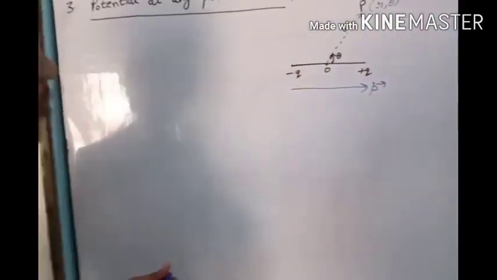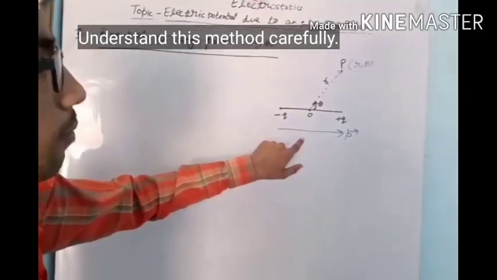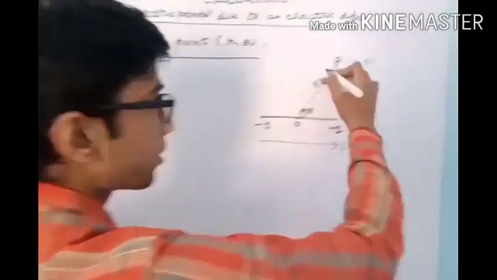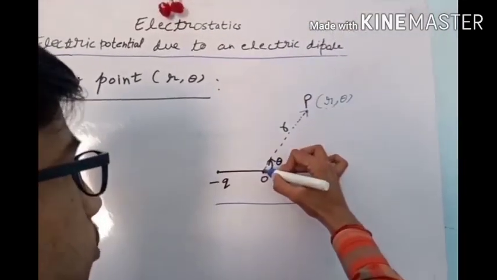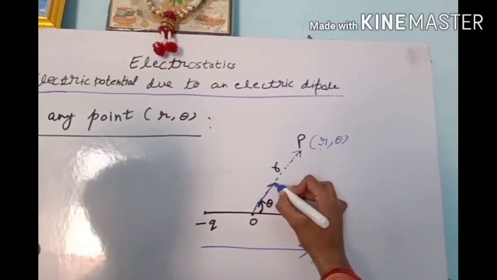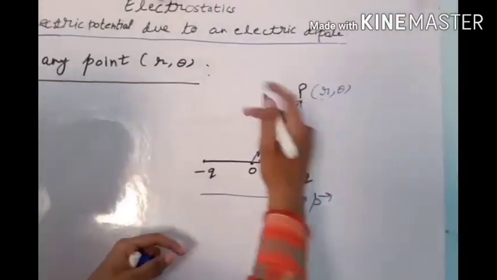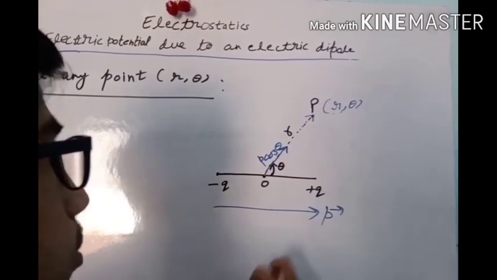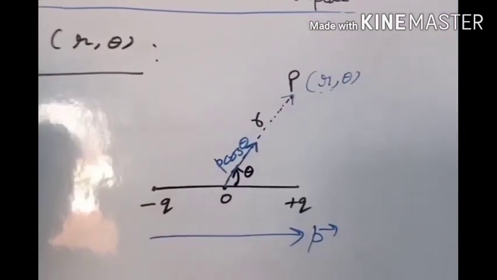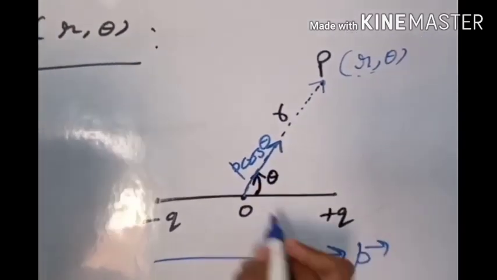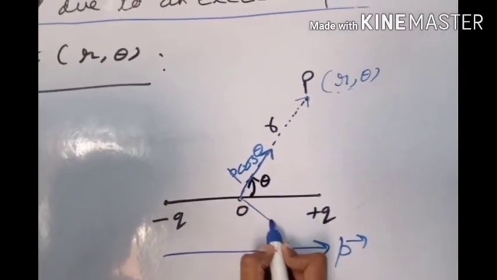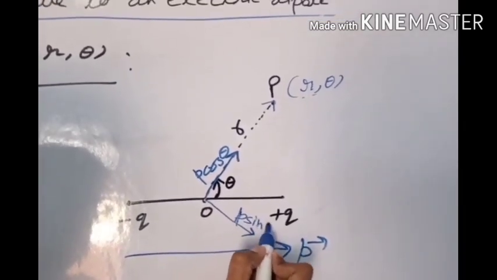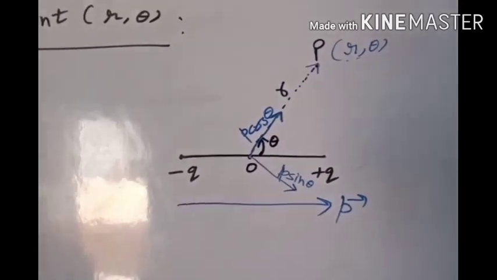You can resolve the dipole moment into two components. One along the line OP, which will simply be P cos theta, and one component perpendicular to it, P sin theta. Let me draw it separately.